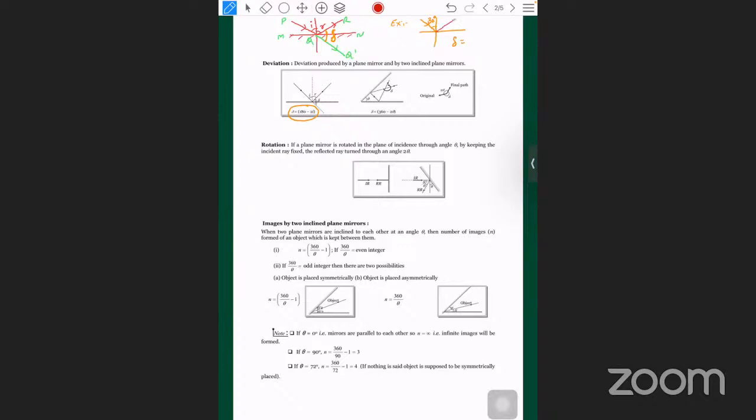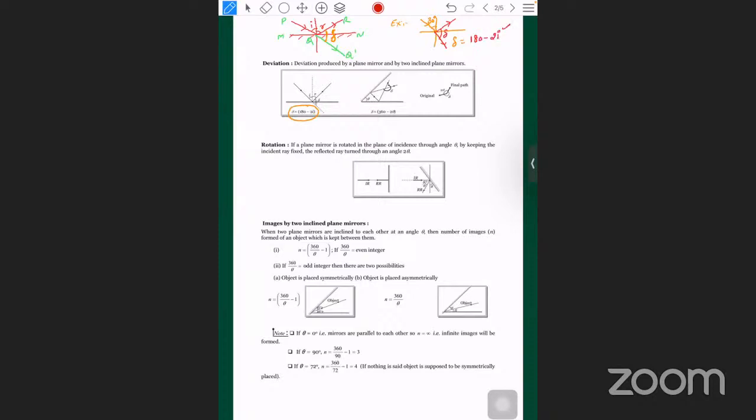The ray would travel like this. This will be the incident ray direction. This is called delta. What is the deviation angle? Is it 90 degrees, sir? Why is it 90? What is the formula you have? 120 degrees? Good. What's the formula for deviation? Sorry, sir, calculation mistake. 180 minus 2i.